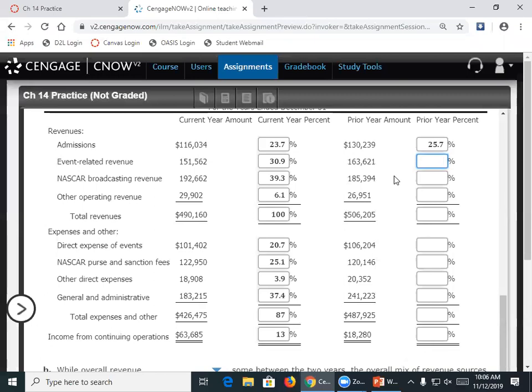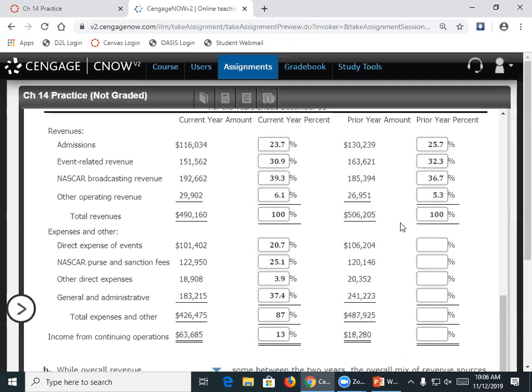Again, we would just keep going. So event-related revenue is 32.3%. Broadcasting revenue is 36.7. Other revenue is 5.3, with again total revenues being 100%.